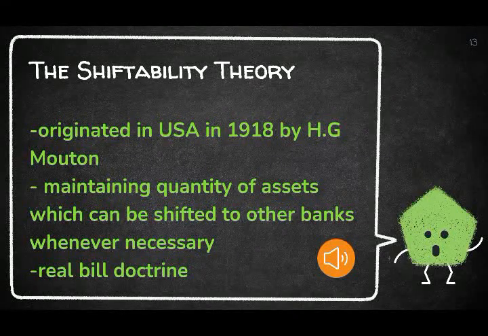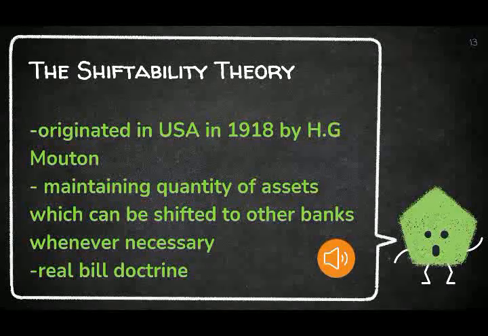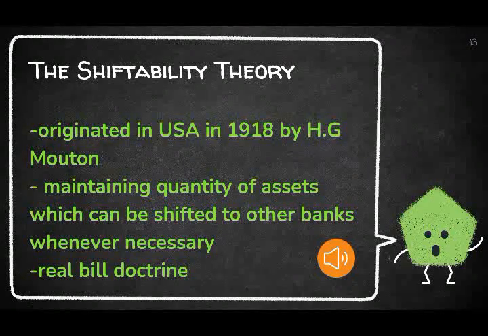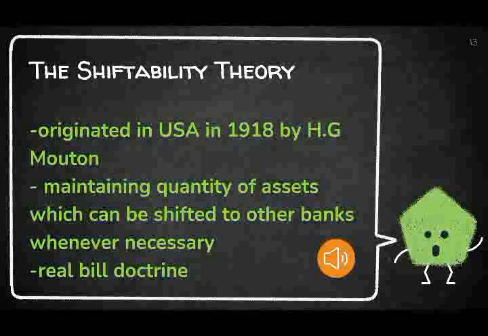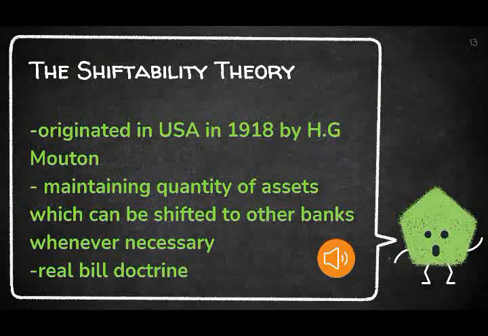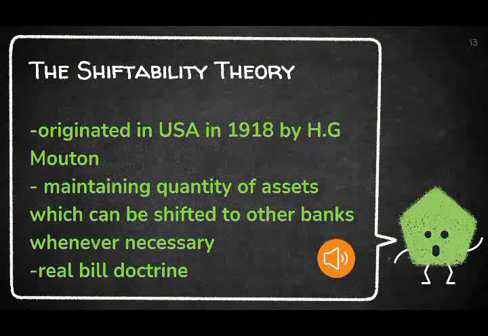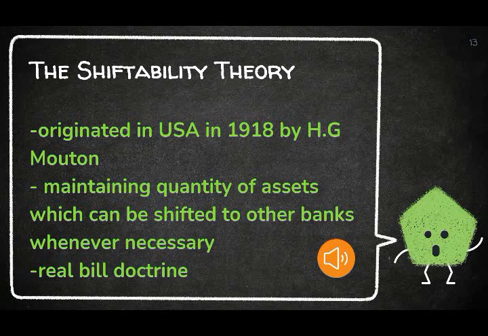So when a bank has a shortage of ready money, it can sell its assets to a bank that is more liquid. In this theory, most investments are made in secondary money market securities so that liquidity can be achieved at little or very insignificant loss of value.